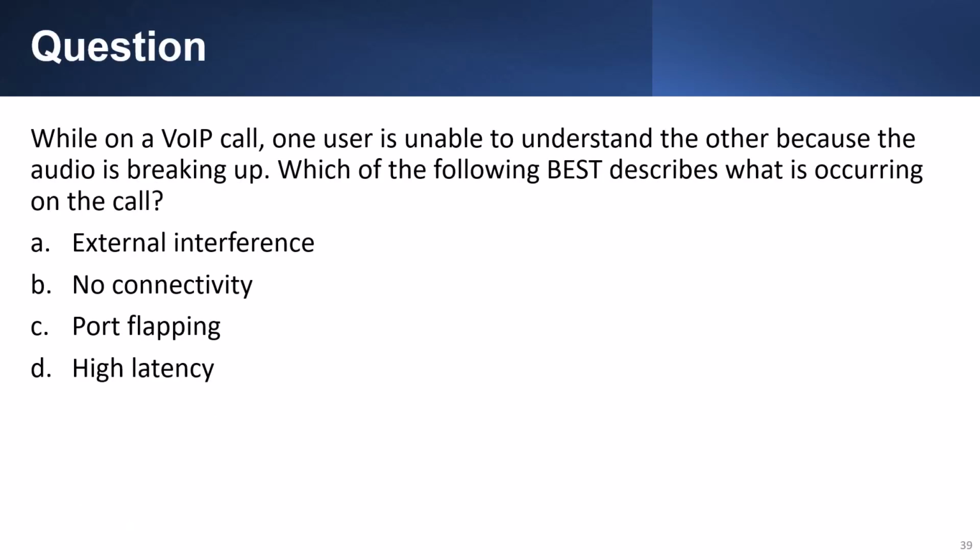Question: While on a VoIP call, one user is unable to understand the other because the audio is breaking up. Which of the following best describes what is occurring on the call? Answer: High latency.